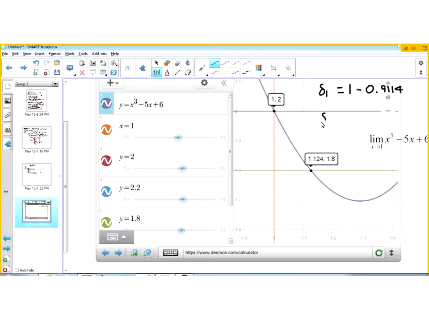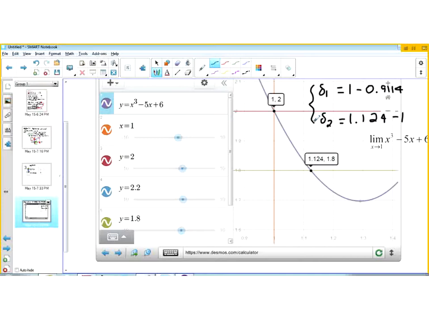So my choice for delta 2 then would be delta 2 is equal to 1.124 minus 1. Okay, so now I take the smaller of these two numbers.